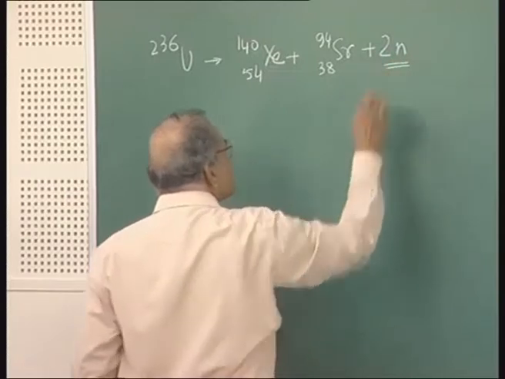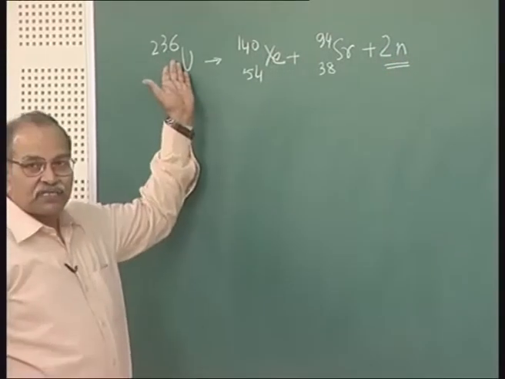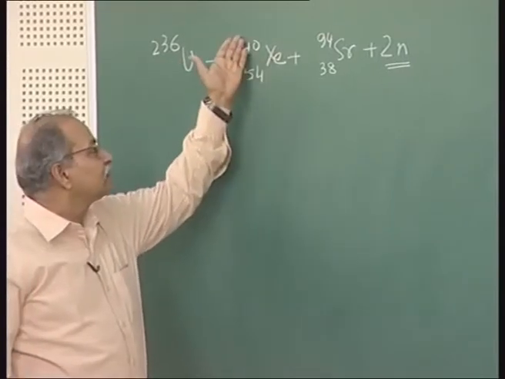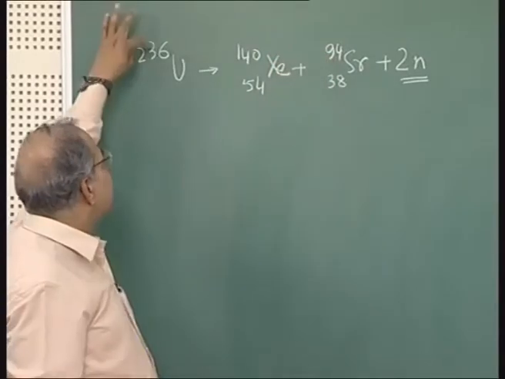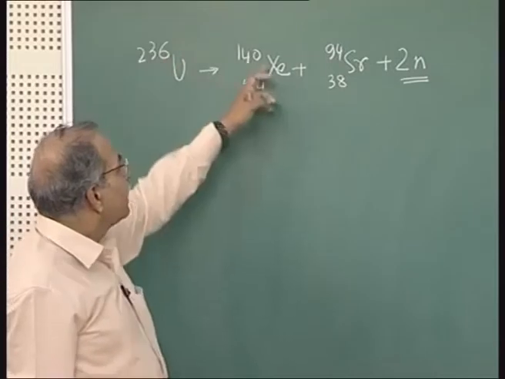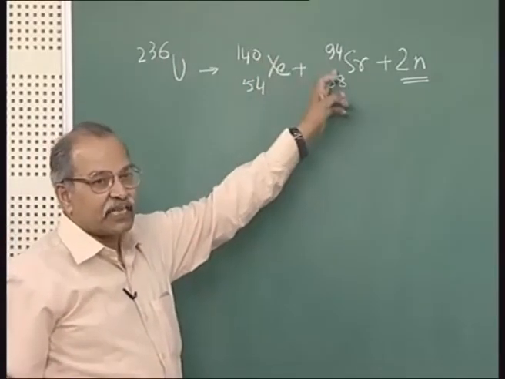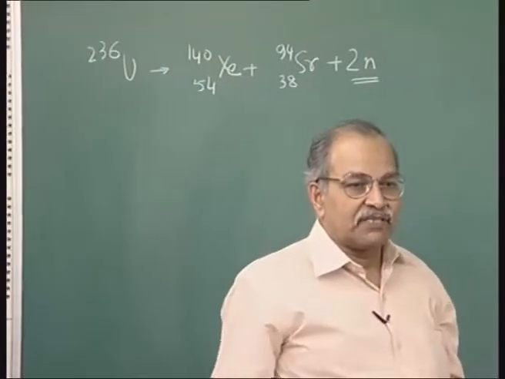So, what is this plus 2 neutrons? Why are they here? This breaks into two parts. One part is this xenon 140, other part is strontium 94, but of these 236 nucleons, only 234 are there in these two fission fragments and 2 neutrons are emitted together with the fission.